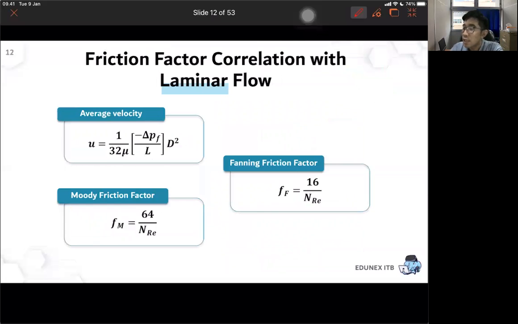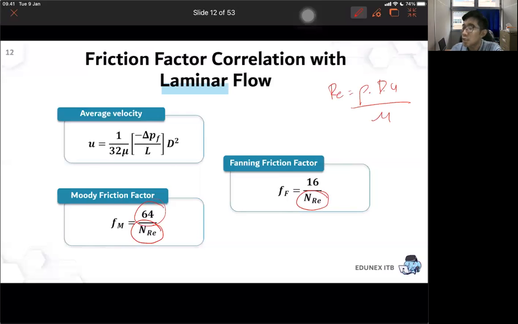For laminar flow, the friction factor will be just inversely proportional to the Reynolds number. Remember again, the Reynolds number is this one. So the Moody friction factor will also be inversely proportional to the Reynolds number, just 16 multiplied by 4.